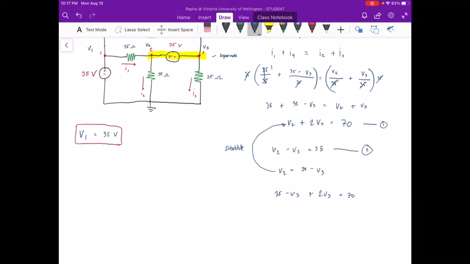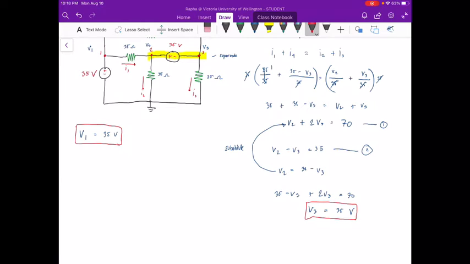We have 2V3 minus V3, so that's V3 is equal to 70 minus 35, we have 35. So our V3 is 35 volts. Now we have solved for our V3. The next that we're gonna solve would just be V2.